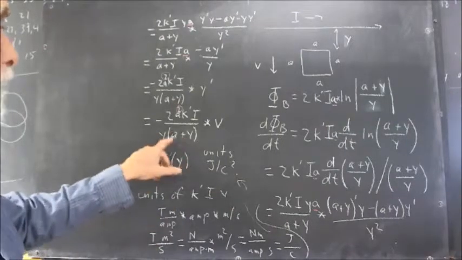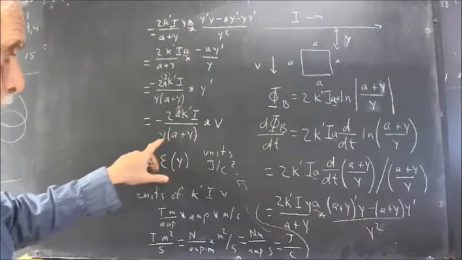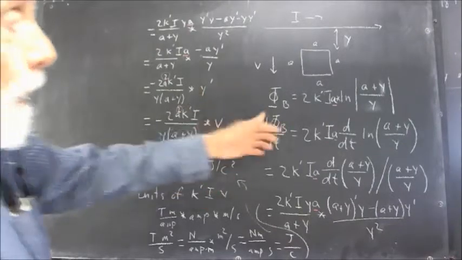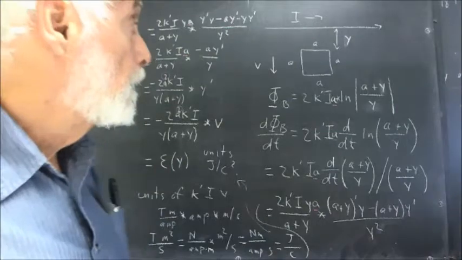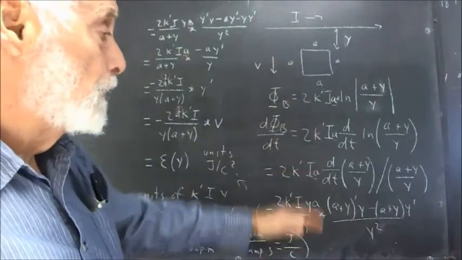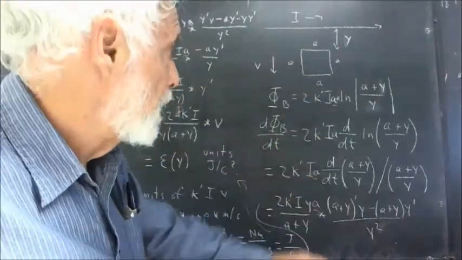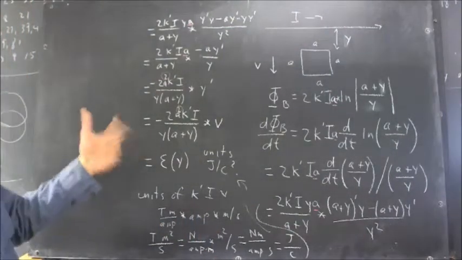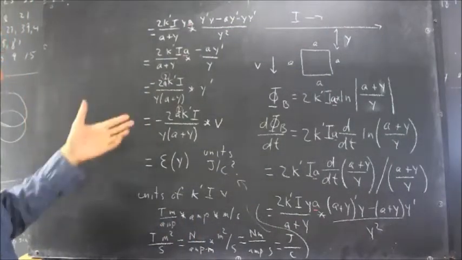As Y gets large, the A becomes unimportant, and we have a reciprocal Y squared. So this EMF is going to approach falling off as an inverse square.